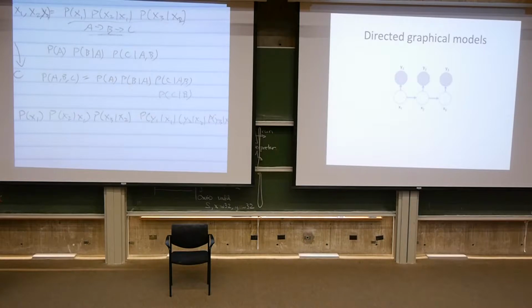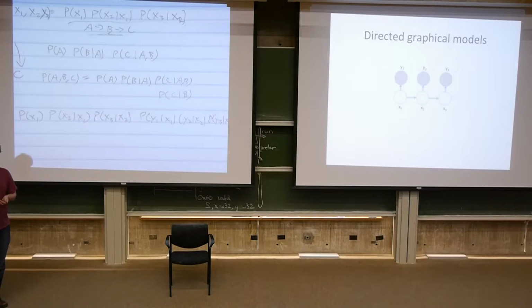But that's okay. For any probability distribution, you can write down a Bayes-net or a Markov random field, an undirected graphical model or a directed one that represents that distribution.